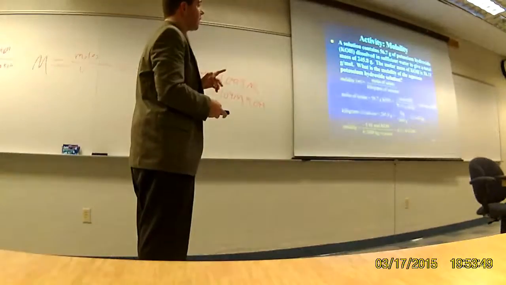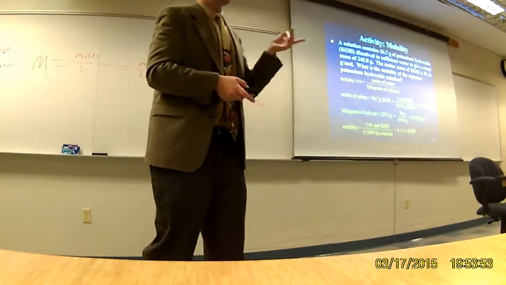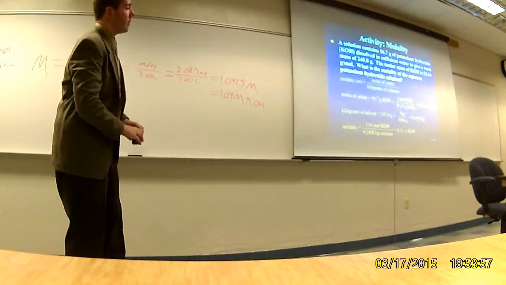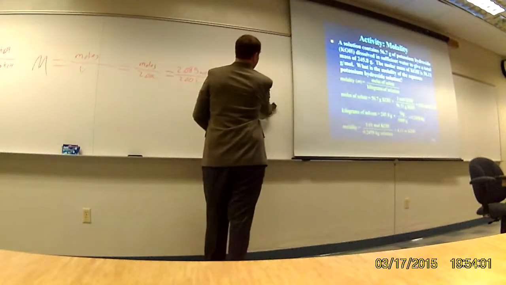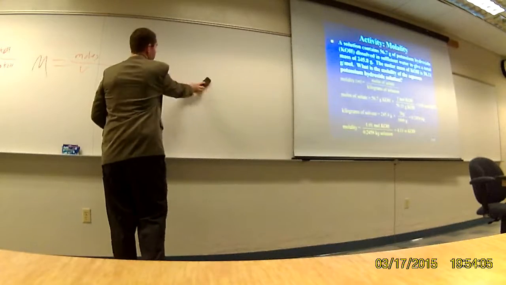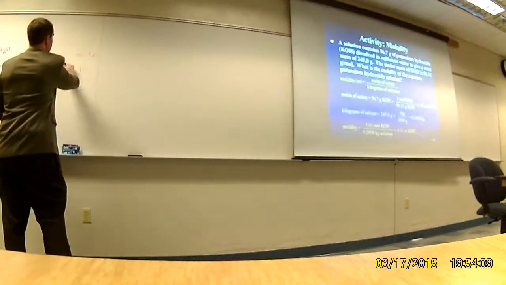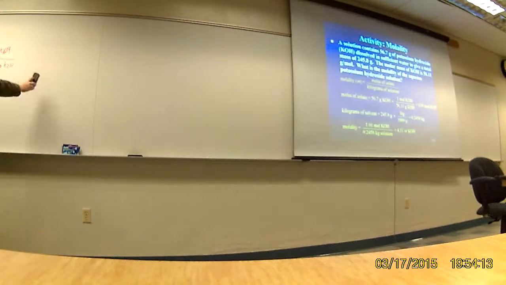So here's another example. I'm going to calculate the molality. Okay? So again, we have potassium hydroxide. We have 56.7 grams potassium hydroxide, and we're going to dissolve it in enough water to give us 245.8 grams of solution.